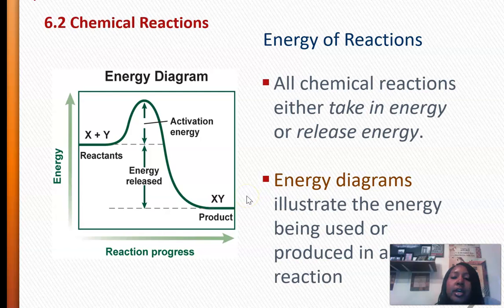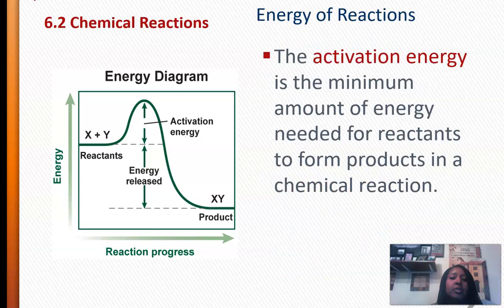So energy diagrams just illustrate the energy being used or produced in a chemical reaction. Now we're going to talk about activation energy. Activation energy is the minimum amount of energy needed for reactants to form products in a chemical reaction. So make sure you get that definition down.